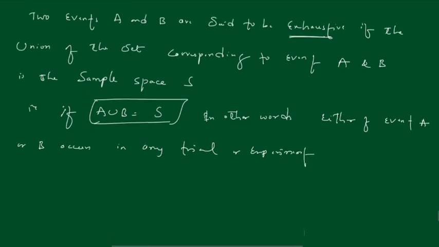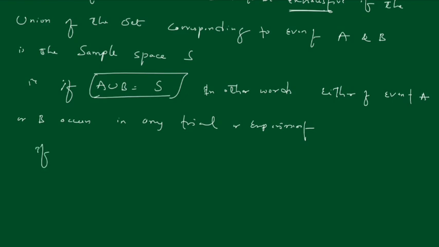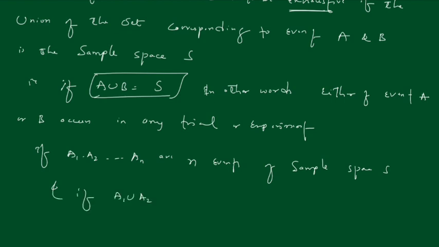In general, if A1, A2, and so on up to An are n events of a sample space S, and if A1 union A2 union A3 and so on up to An, which we can write as union i equals 1 to n of Ai, equals S, then it is nothing but our exhaustive event.